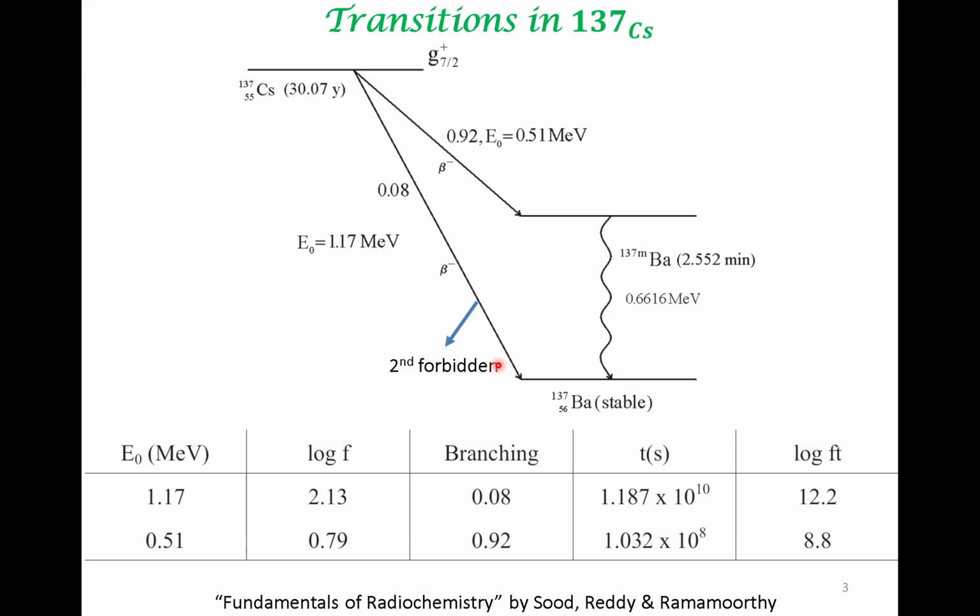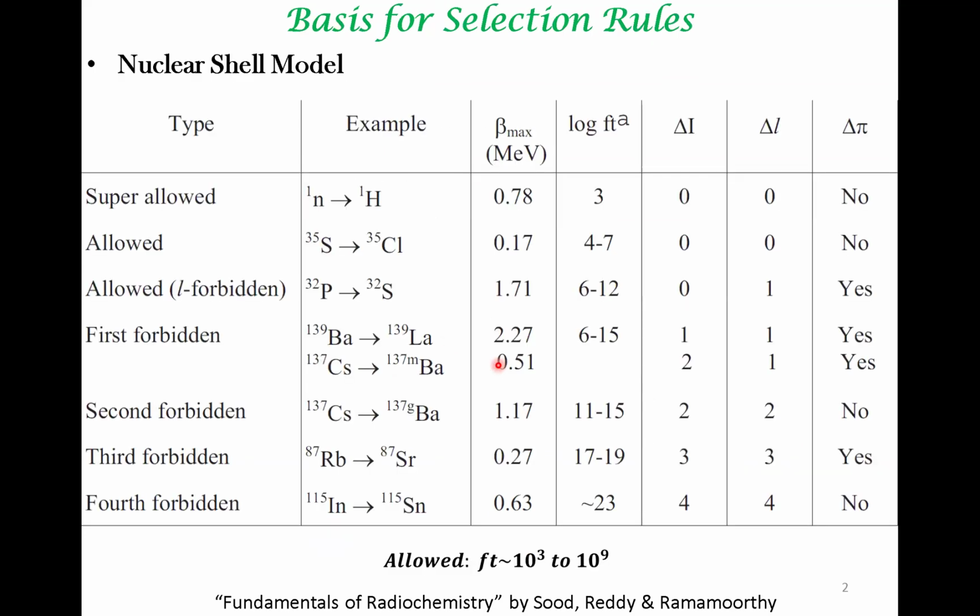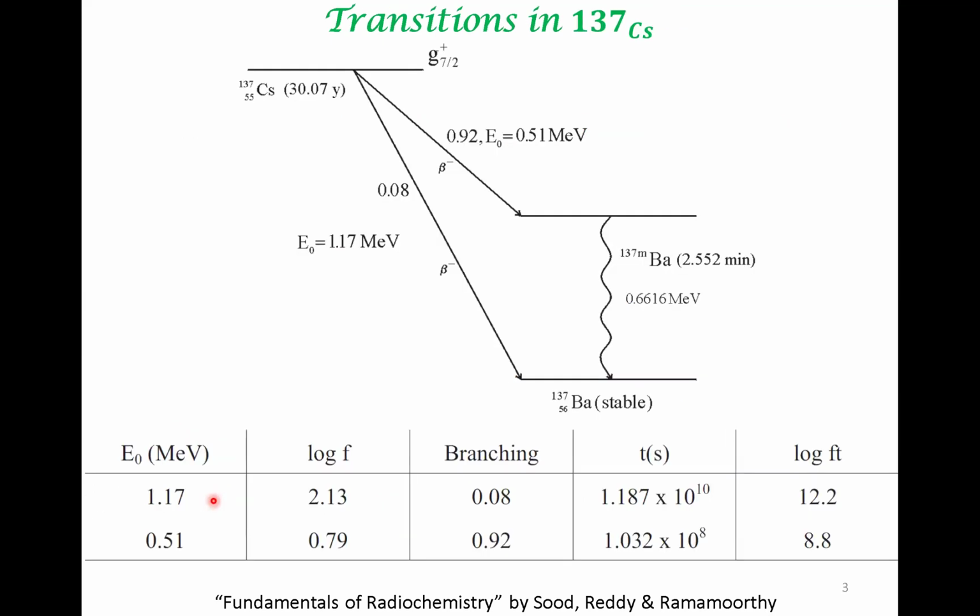So all this is what we mean by second, third, and fourth forbidden types. So this becomes increasingly forbidden. This is more forbidden compared to this particular transition. Therefore, the branching ratio of this is more than the branching ratio of this transition.